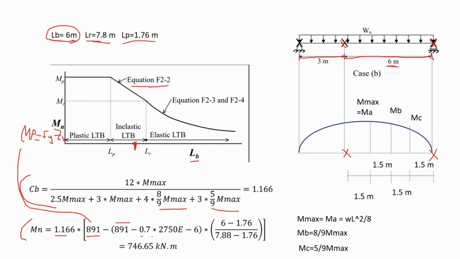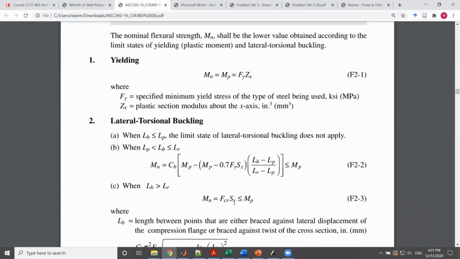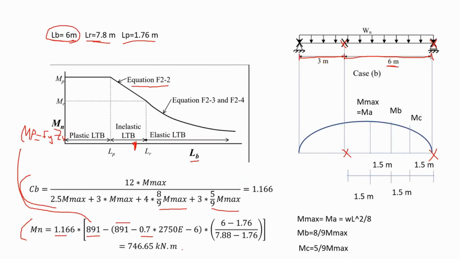I have all these things in here. So there is a missing part or a typo where I missed writing 275 multiplied by Sx, the elastic section modulus. So 2750 for Sx and 275 for the steel. All right, all the calculations are correct. That's something not to worry about, but I just forgot to write the 275.